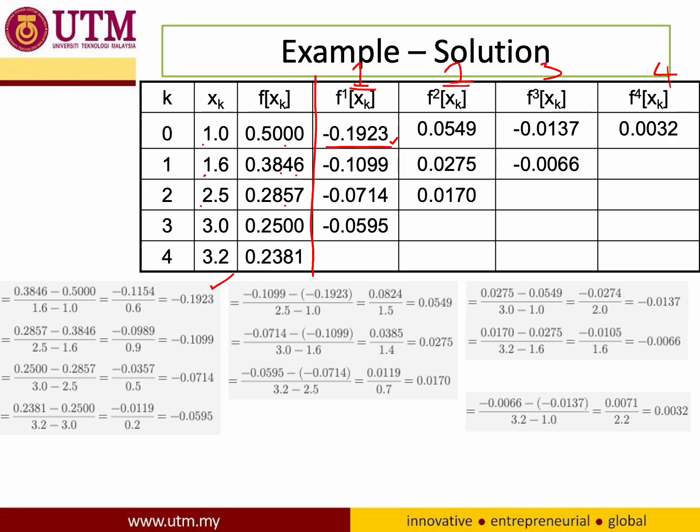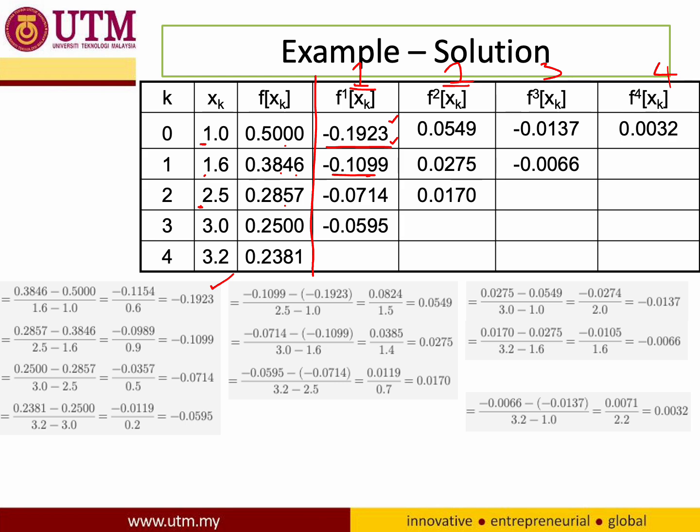What about the second column here? This one, we use what we found in the first column: negative 1.099 minus negative 0.923, and divided by, now it's not x1, because this is column 2, so we start with column 2: 2.5 minus 1.0.